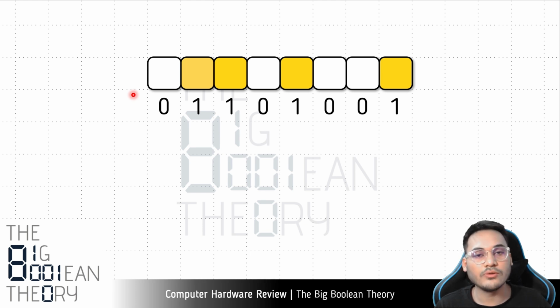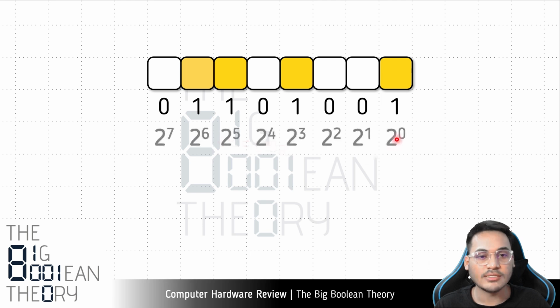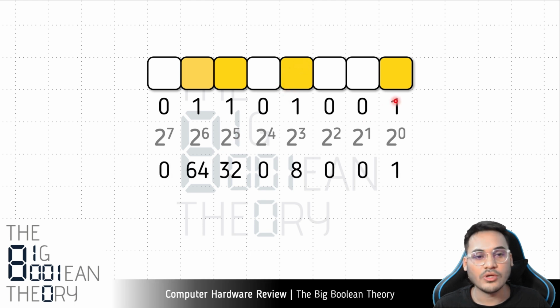For that, we will do the weighted sum. What is the weight of each of these places? It's the number of symbols in the binary number system, that is 2, raised to the power of the position, 0 up to 7. We have the symbols, we have the weights, and we multiply each of them to get what each position is representing. So you have 0, 0, 4, 8, 0, 32, 64, and 0.